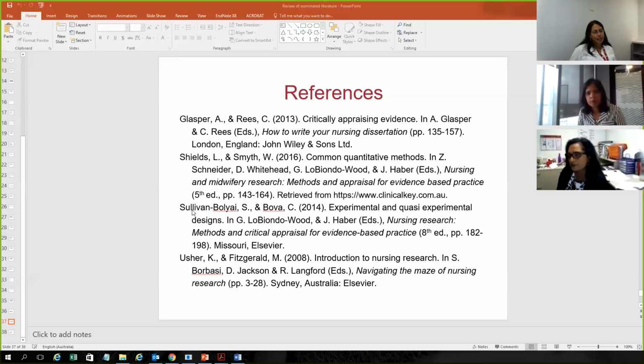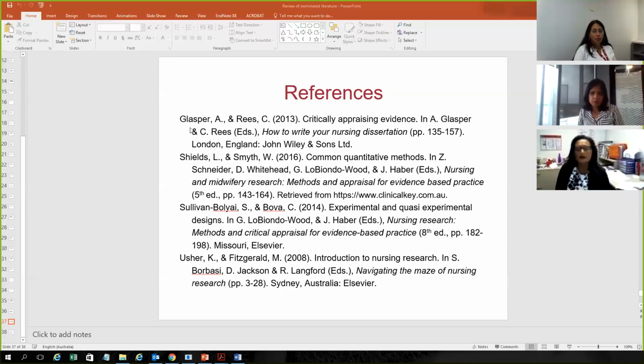Susan, you want to say about the referencing of the chapters? Okay, so if you're looking at the references here, and if you're using your textbook, you're going to be using different chapters from your textbook. And here, there are examples of how to reference a chapter in an edited book.